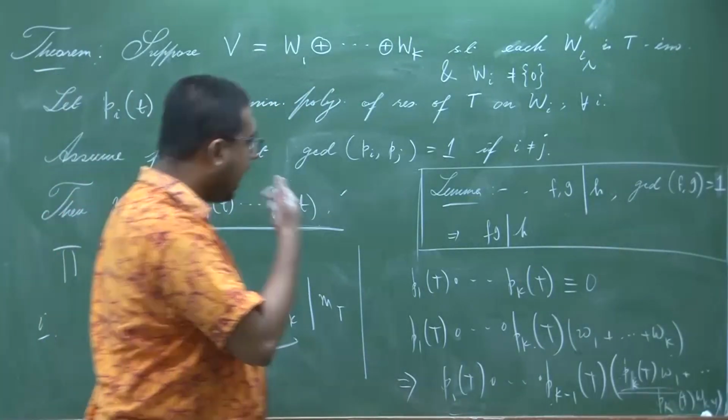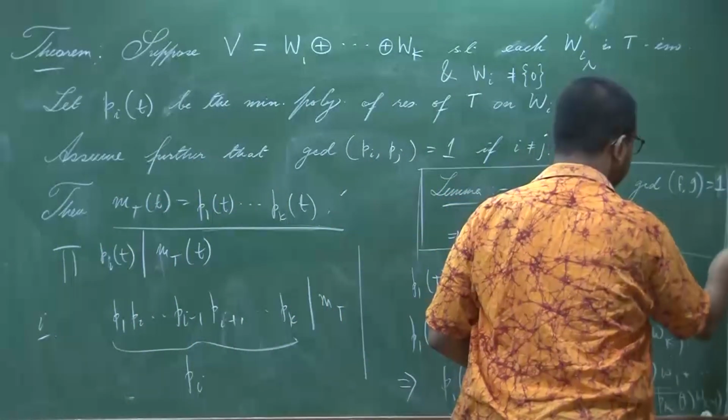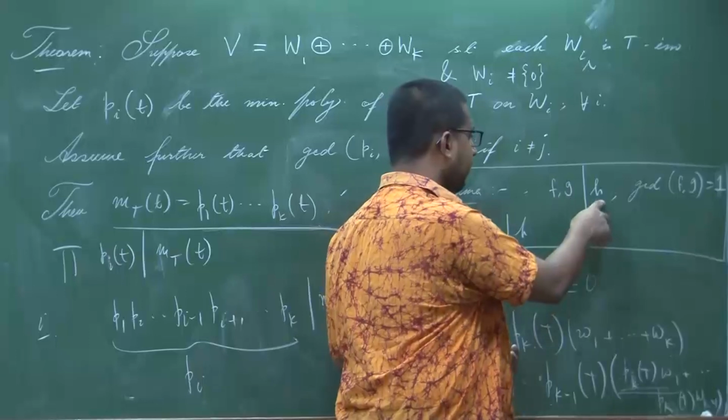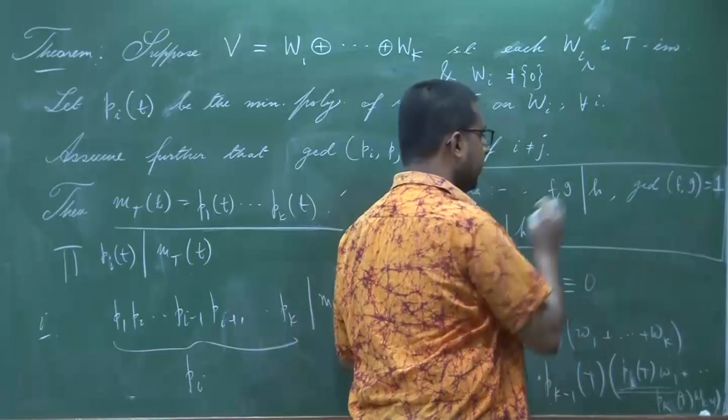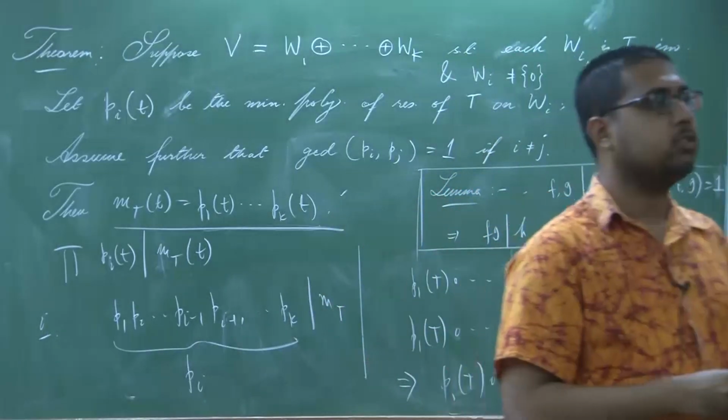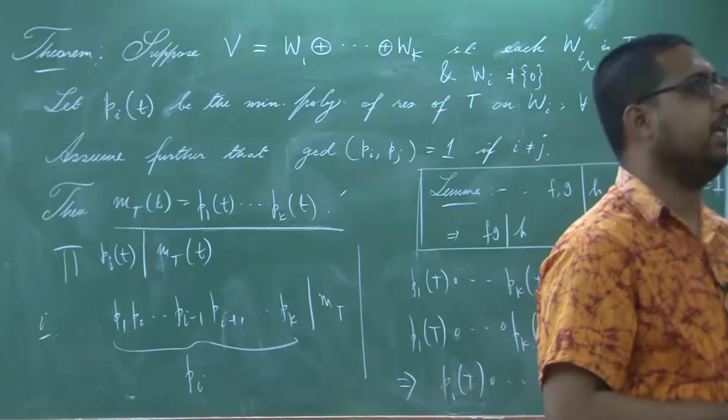And the key thing is this, I did not prove this, but you should realize that f is a factor of h, g is a factor of h, and there is nothing between f and g which is common. So, both f times g should be there.